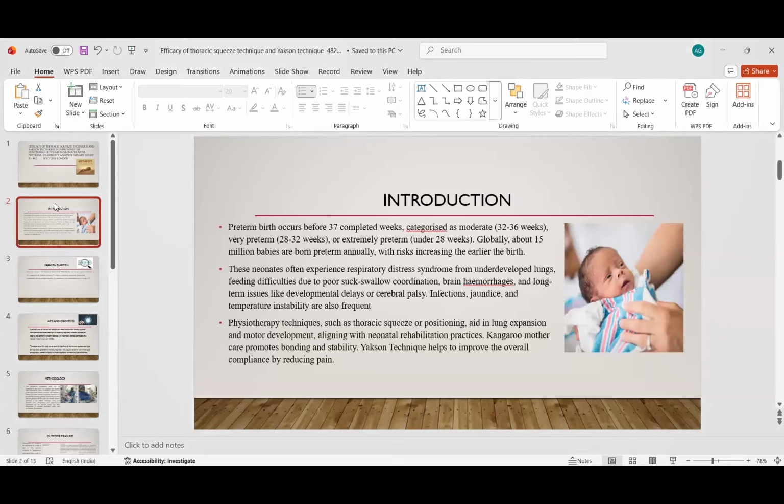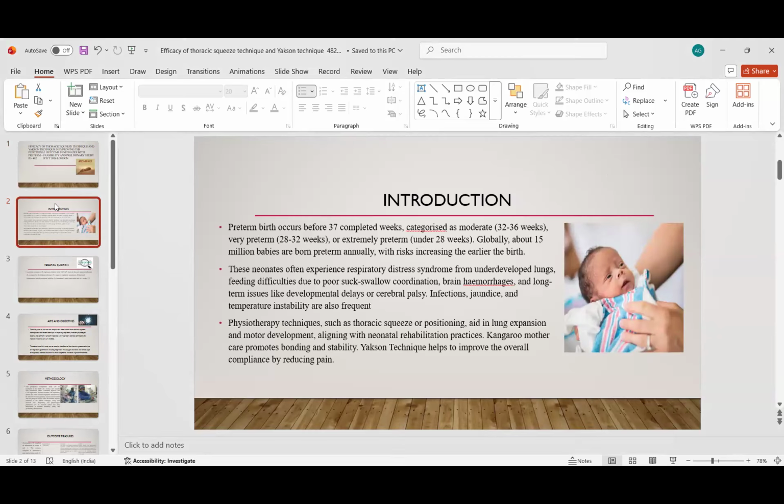Globally, we all know that preterm infants have a high chance of mortality, and if they survive, there is a chance of morbidity. There are various types of disorders and deformities they suffer.